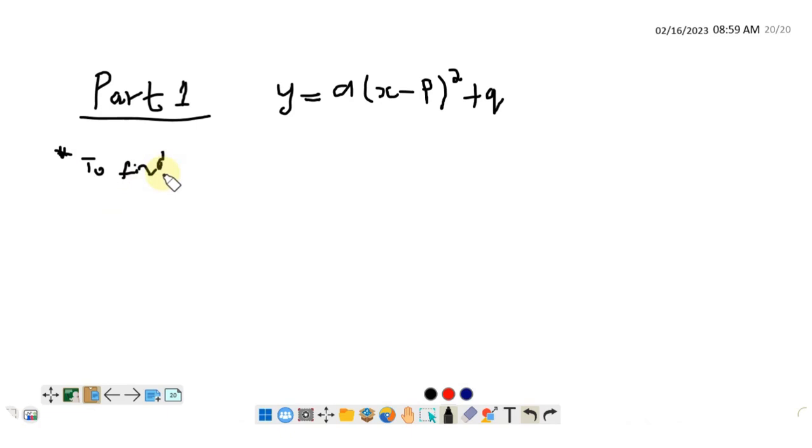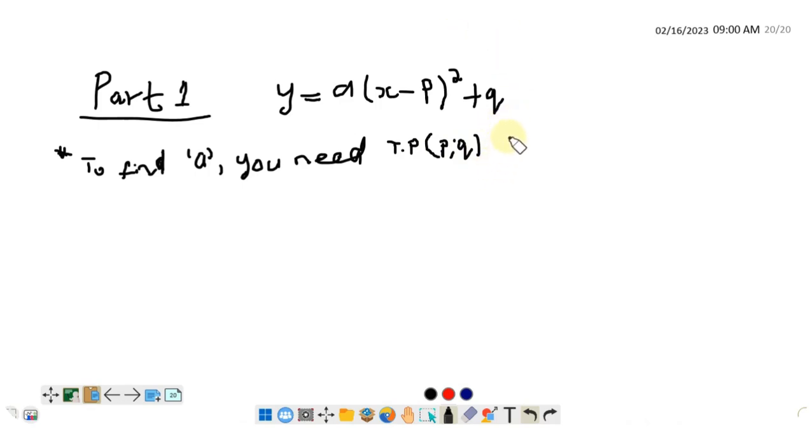you need the coordinate of the turning point. TP is turning point, meaning you need the values of p and q.